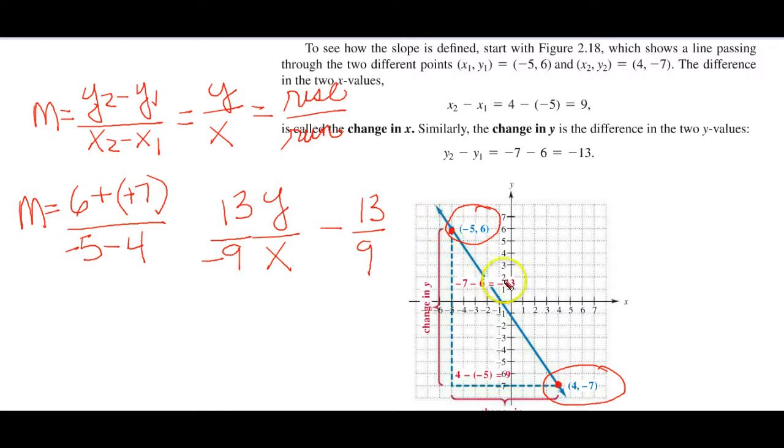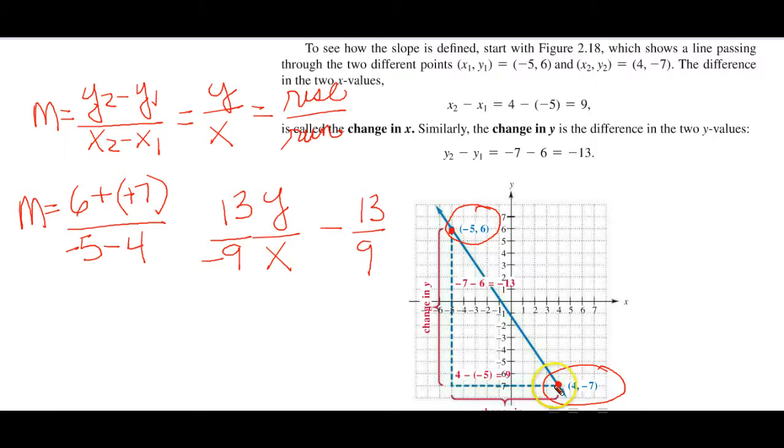So I can use ordered pairs that are along the line, or I can make this triangle and physically count the units. Now if I started here and went down, that's a negative direction. So our 13 would have been negative, and then going this way it would be positive.